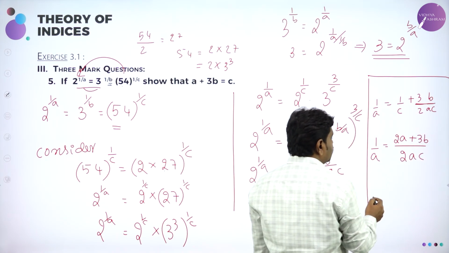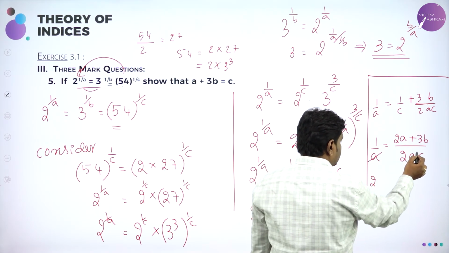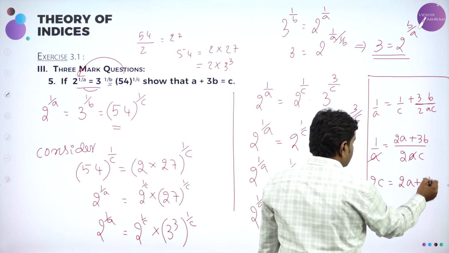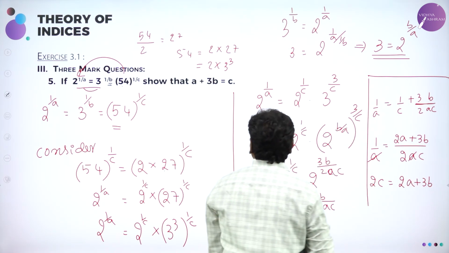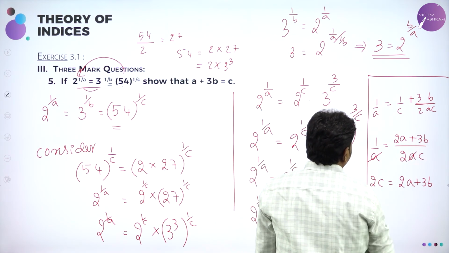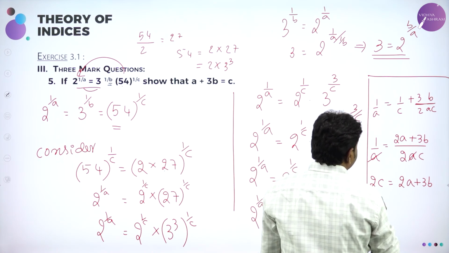Rearrange, cross multiply, and a cancels. 2c is equal to 2a plus 3b, and we need to get a plus 3b.